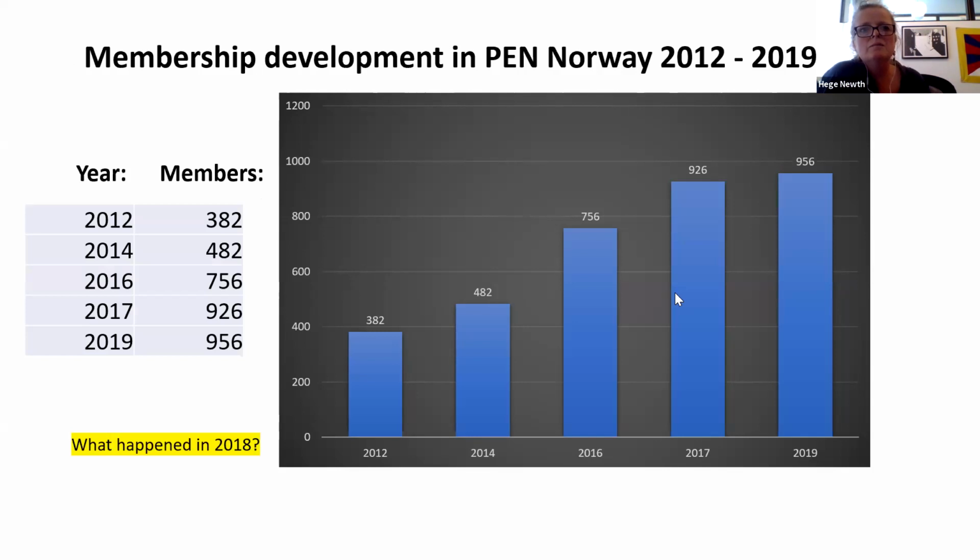This is the membership development in Pen Norway from 2012 to 2019. Considering that we're almost 100 years old, and that Matilda just told you that since 2013 they had 200 members, this is maybe not very exceptional and impressive, but it is actually, because there are so many organizations, there are so many good causes to work for.